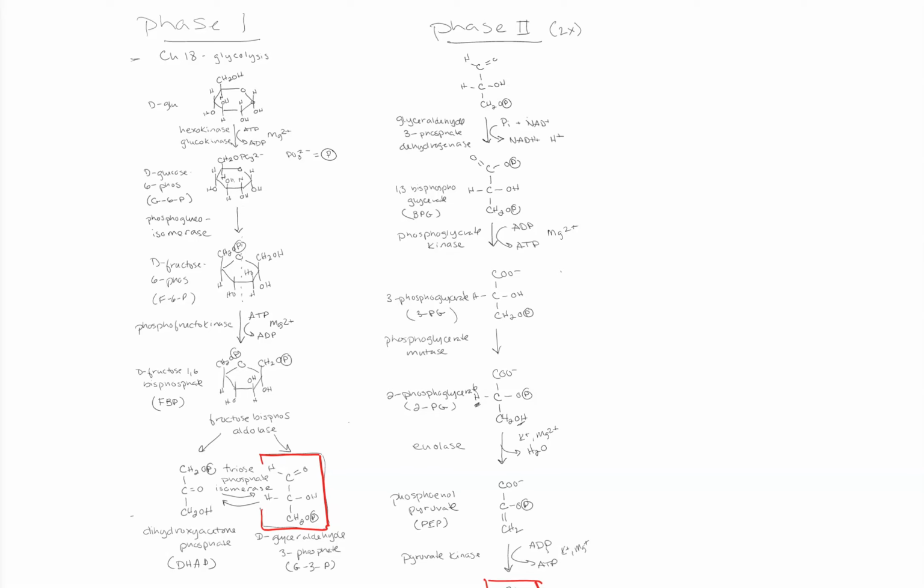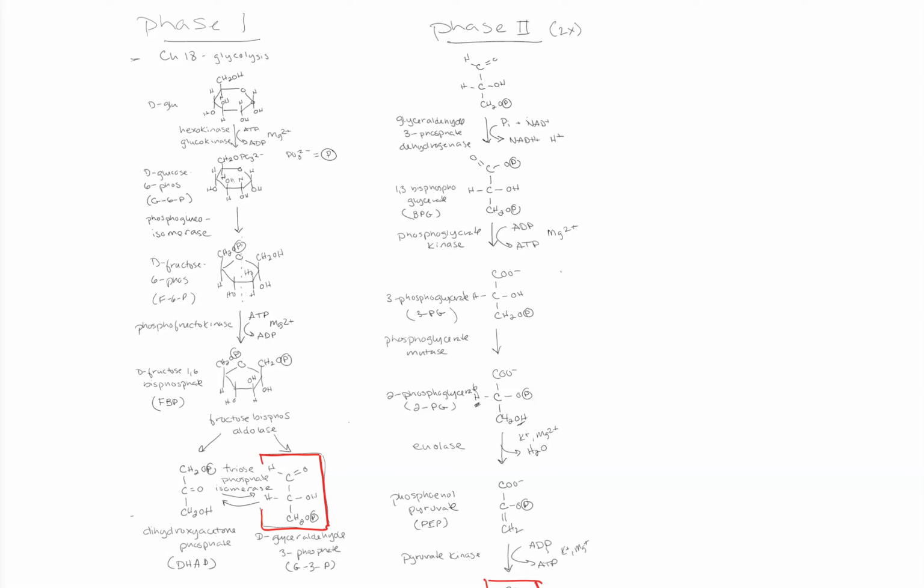Phase 1, we're taking D-glucose and we are modifying it to get a pseudoplanar symmetry with a pair of phosphorylations which allow us to cleave it into a pair of triose molecules which are isomerized to a pair of glyceraldehyde 3-phosphates as our final step in phase 1.